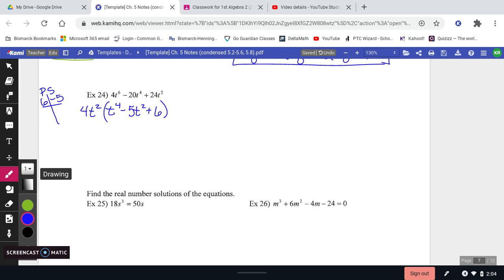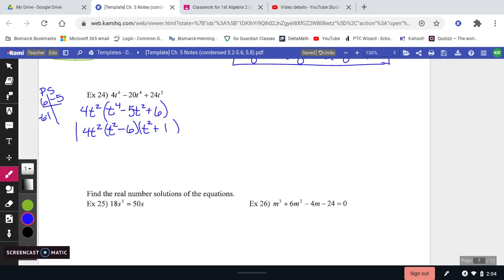Okay, it's going to be a negative 6 and a positive 1, and that will work. So how is this going to work with our t to the 4th? Well, split it in half. So t squared times t squared, if I would FOIL that, that would take me back to that t to the 4th, and then I would have minus 6 and plus 1.